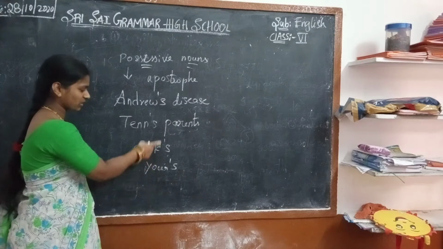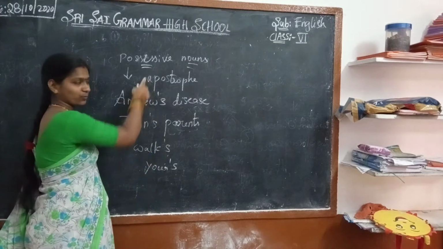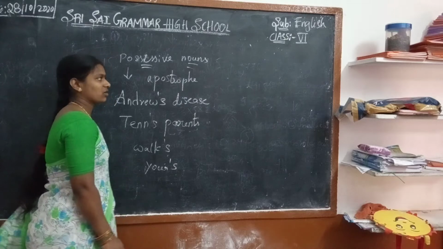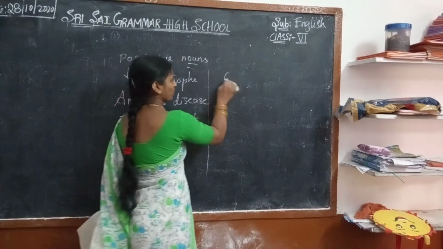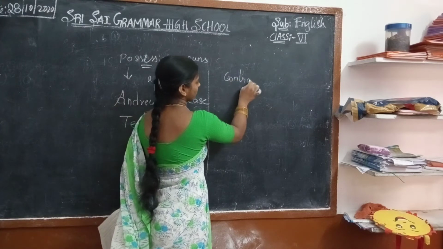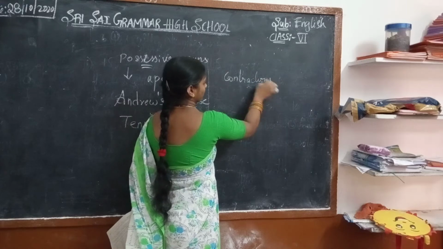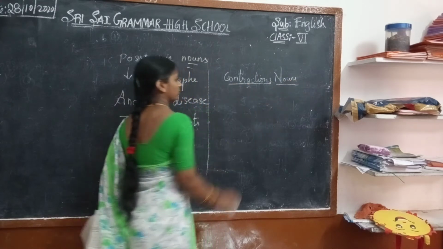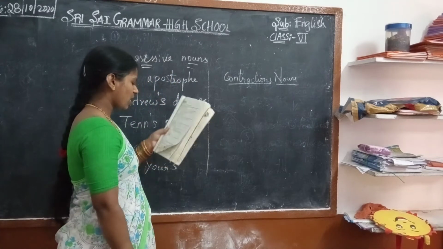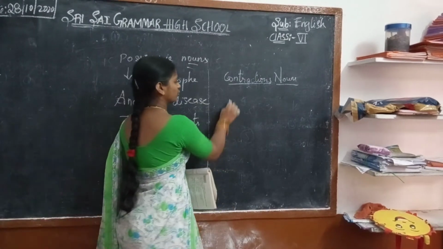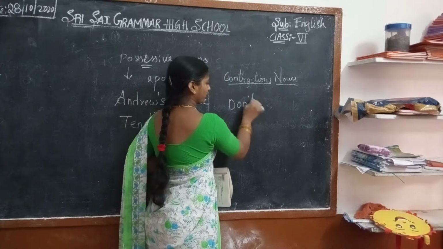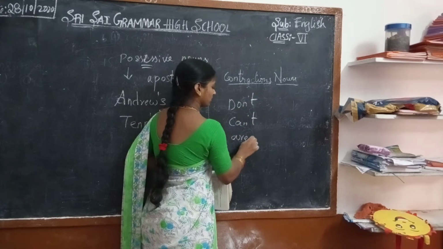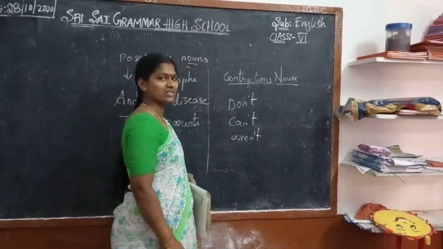We use the apostrophe in these possessive nouns, and also in contraction words. Contraction words: do, don't, can't. Yes, these are some of the contraction words.